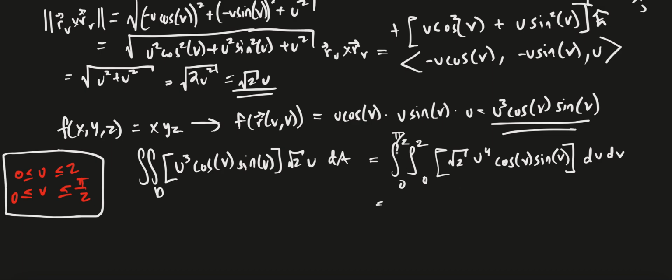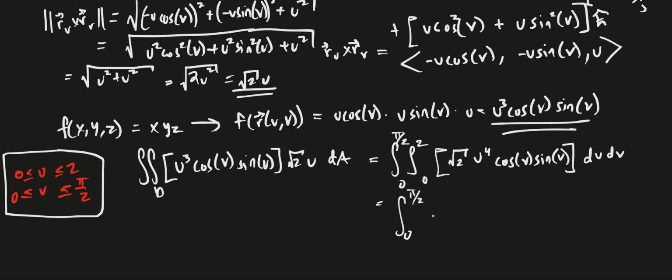The reason why is because we're going from constant to constant for both of these, and they're being multiplied together the way they are. So you can split this up into the integral from 0 to pi over 2, and then we can just take the v's, because this is dv.